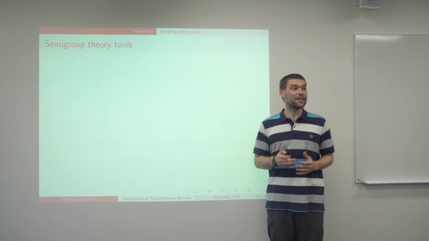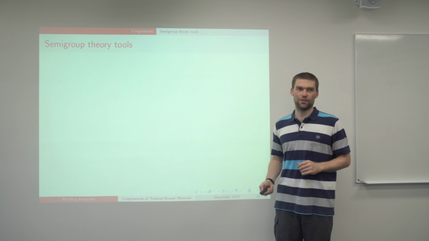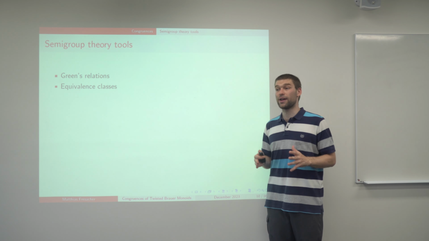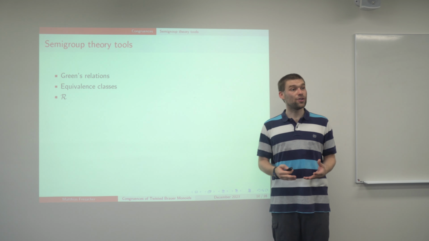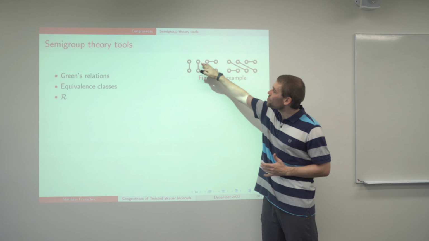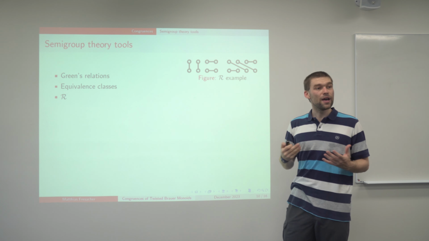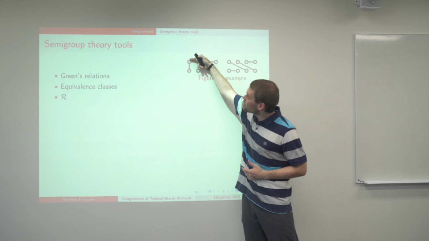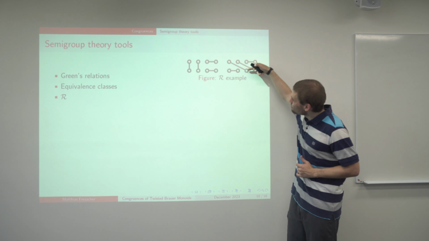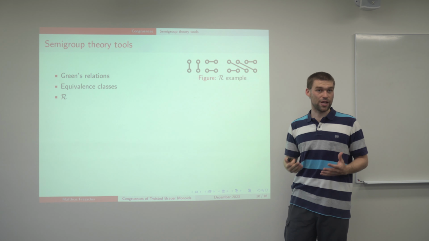Before I continue, I need to take a quick detour into some semigroup theory, specifically Green's relations, which are some equivalence classes on our set of diagrams. First up, we have the R relation, and two diagrams are related if their top rows are the same. And by that, I mean if a vertex is part of a transversal edge, in the other diagram, that same vertex must also be part of a transversal edge.